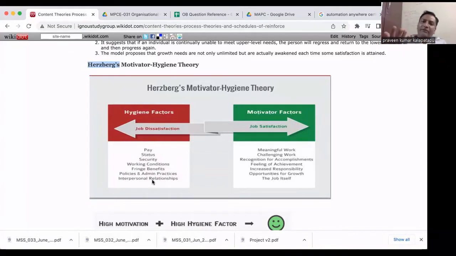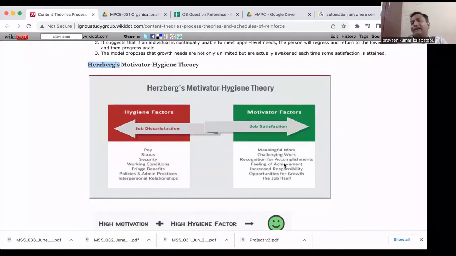Even though I have meaningful work, my pay could actually increase my dissatisfaction. Maybe that is not your sole motivation, but it is the one which is going to increase your dissatisfaction if it is not met. Say you don't have job security. This is a basic hygiene factor. Every job needs to provide that particular security, otherwise you are going to have that dissatisfaction. So these are basic hygiene factors that somebody will have to meet to reduce the dissatisfaction.